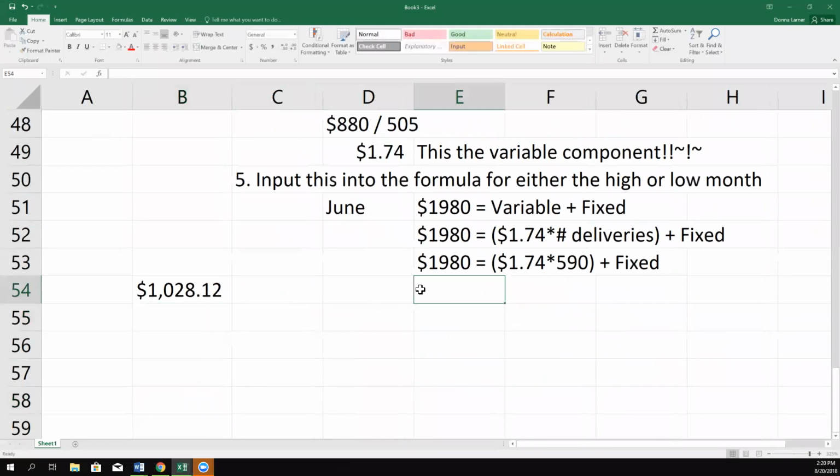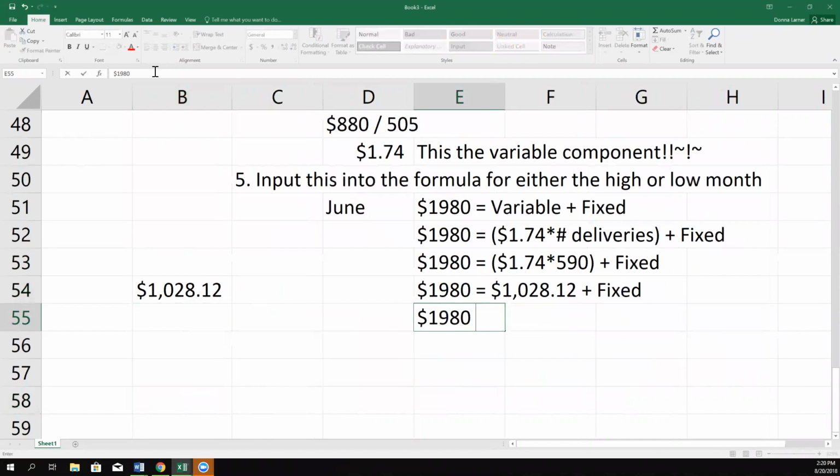And that works out to 1,028.12 plus a fixed portion. So 1980 equals that, and we can subtract it. So let's say the fixed, we'll put that all by itself, equals 1980 minus 1,028.12.